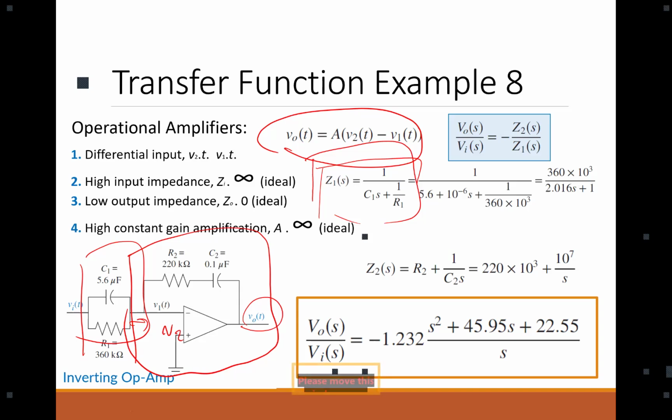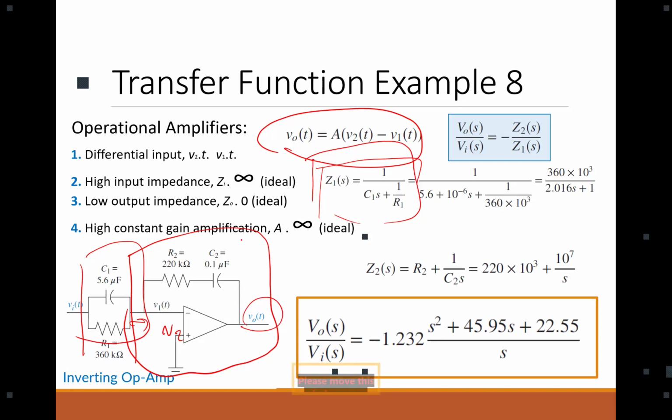You already know how to find the parallel impedance, I hope. This one is 1 over CS, this one is R. So the impedance is 1 over CS plus R, which if you do the derivation is going to be 1 over CS plus 1 over R. It's just turning these two into one equivalent impedance. We have two parallel impedances.